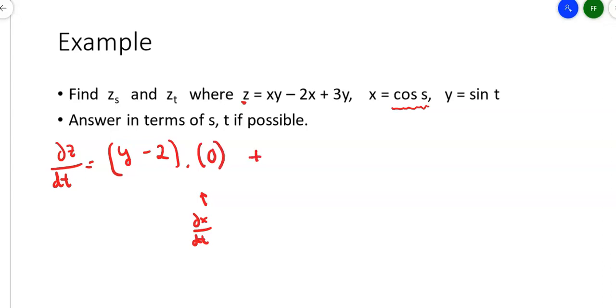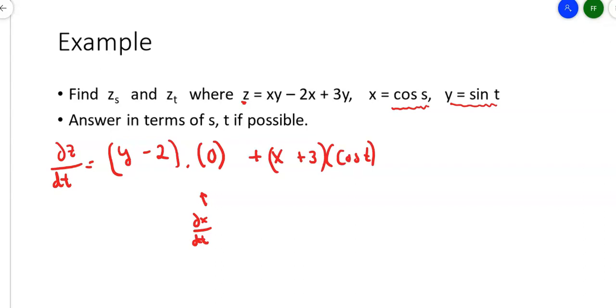Now what do I have to do? Take the partial z with respect to y. So in this first term, I just get an x. The second term goes away, right? There's no y's in there at all to derive. The third one with respect to y just gives me a 3. So that times the partial y with respect to t. Well, now there is going to be a derivative. The partial y with respect to t is cosine of t.